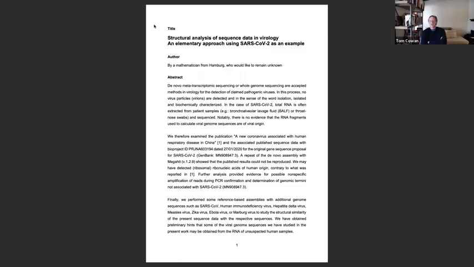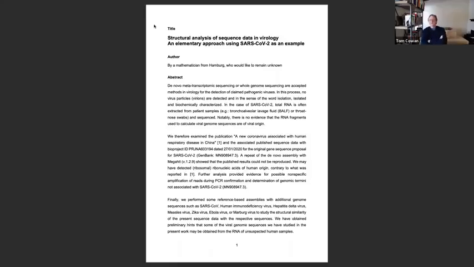So the reason we picked this paper is because this is the paper, not one of the papers, the paper that first sequenced this so-called virus, which was then called SARS-CoV-2. Once you have one published genome, all the following genomes use this published genome as the template.